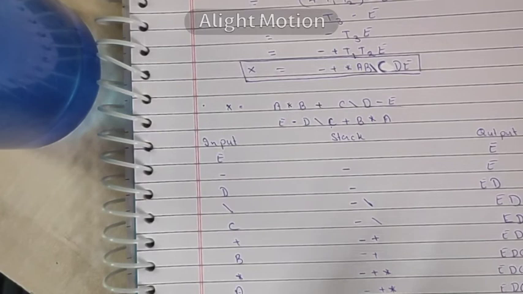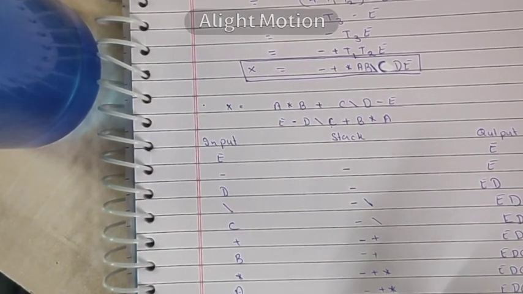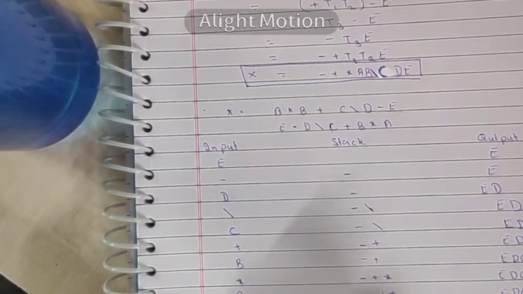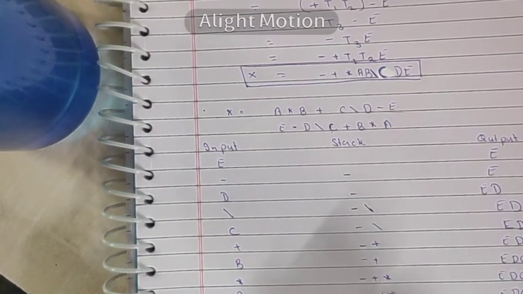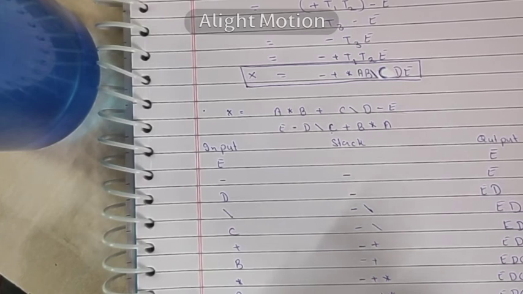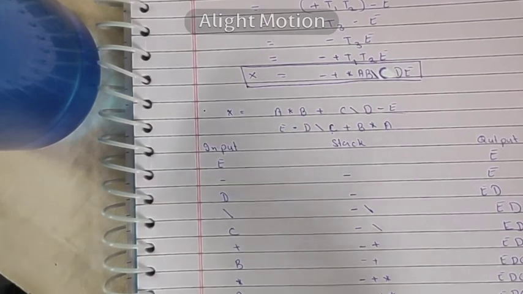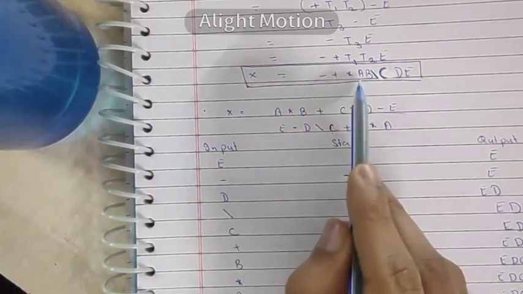But the actual prefix equation would be the reverse of this equation, that is X is equal to minus plus star A B, then we have divide C D E, which is the same that we achieved in the first step, that is here.